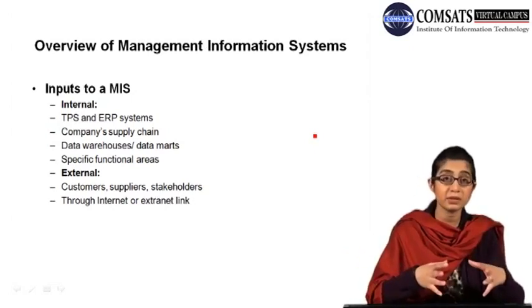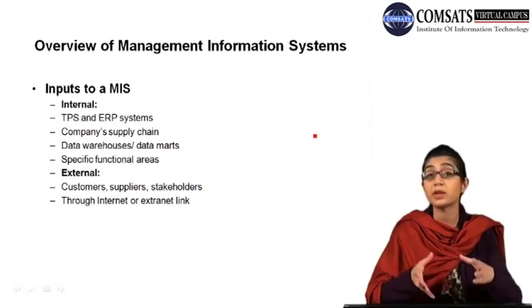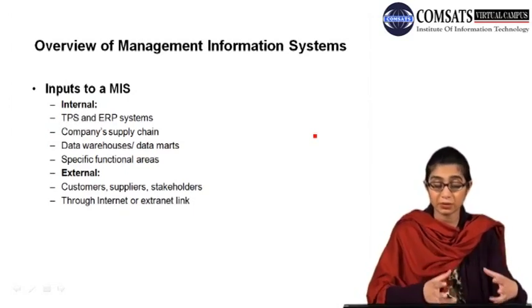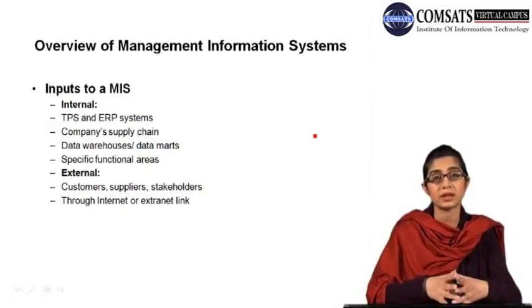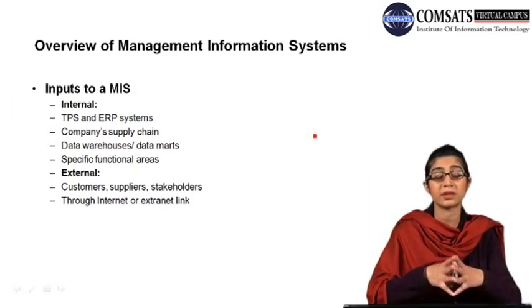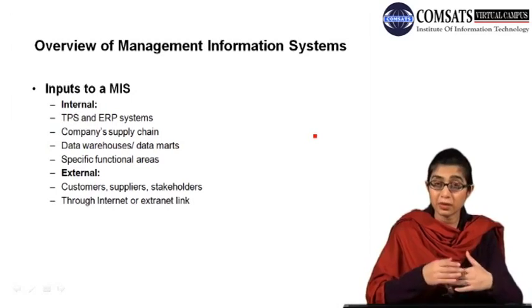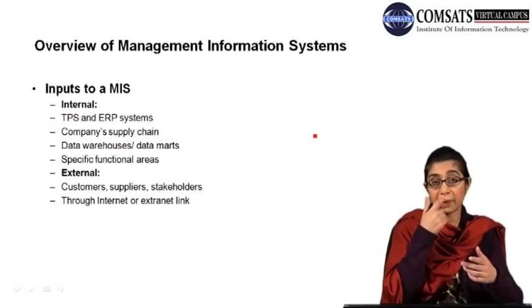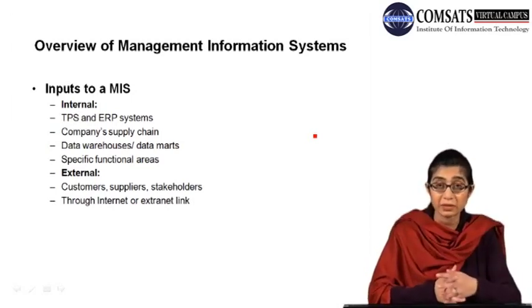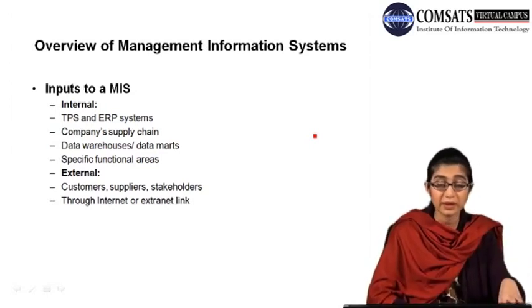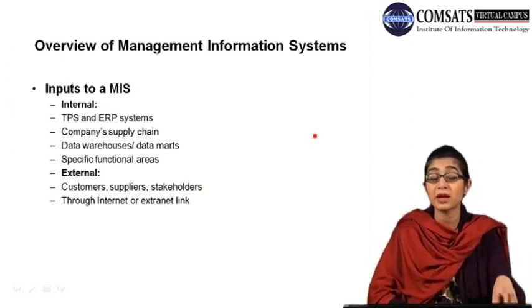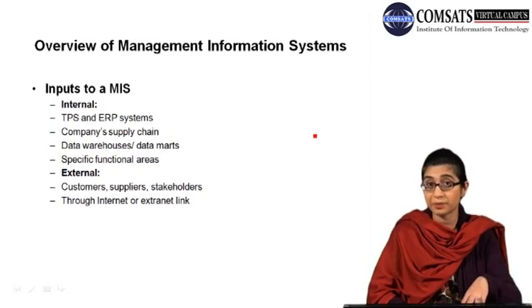Internal में again TPS systems भी आ जाता है, as well as different kinds of ERP systems भी आ जाता है कि उनसे भी data लेके जो वो centralized database में data डाल रहे हैं, they are getting data from there as well. So along with that they are getting data from the company supply chain as well as again they are getting data from the data houses as well as data marts.